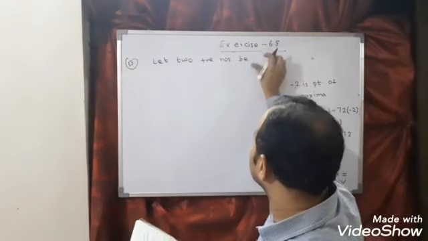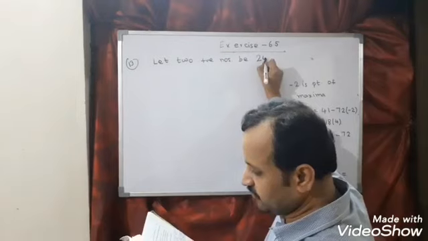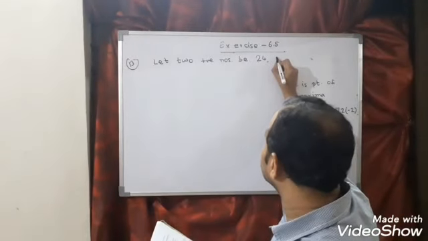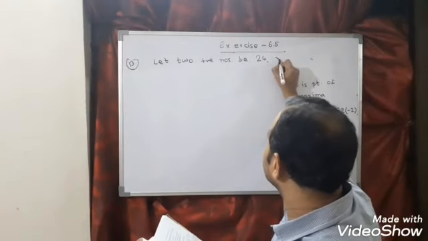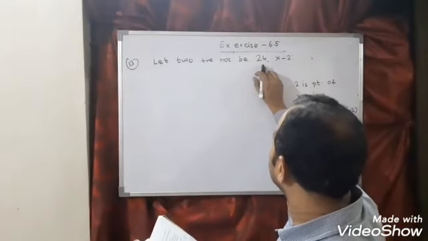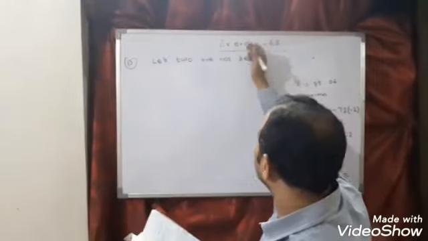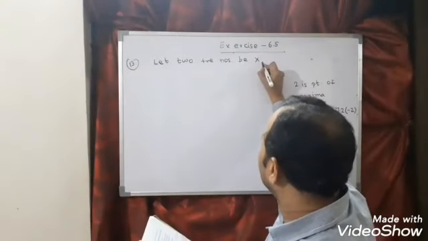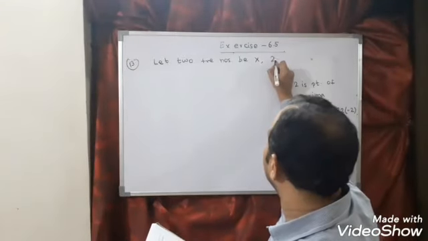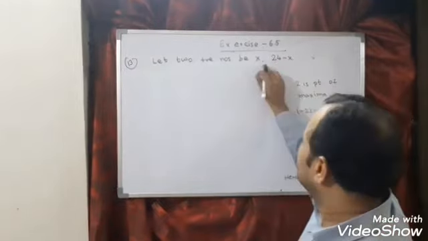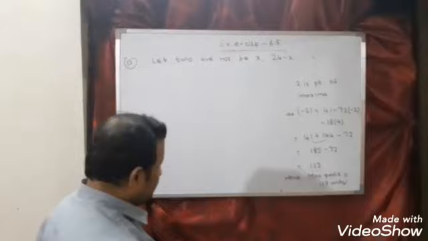Sum is 24. So let us take one number as x and the other number I can take as 24 minus x. So if you add both, what you will get, 24, and whose product is as large as possible. Now look here.